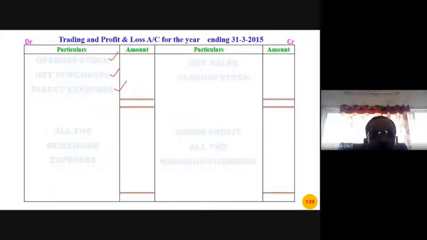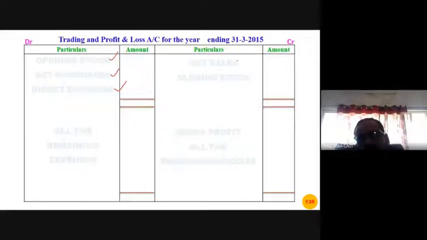This is the order generally: opening stock first, next net purchases, next direct expenses. On the credit side, net sales and closing stock. Net sales refer to sales minus sales returns. Closing stock means stock at the end of the financial year, on closing day. It is generally given in the adjustments.